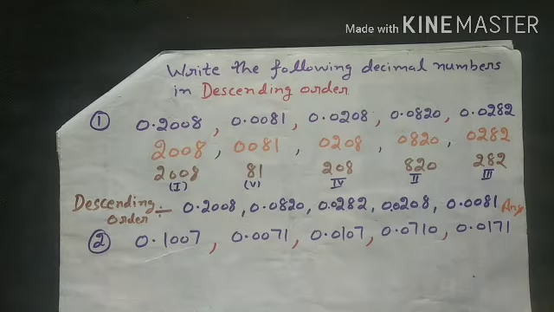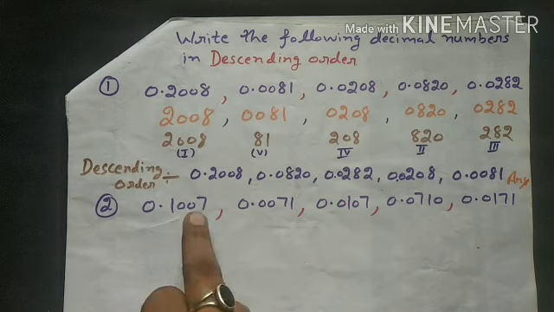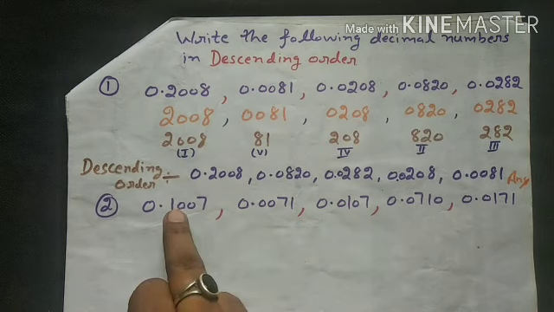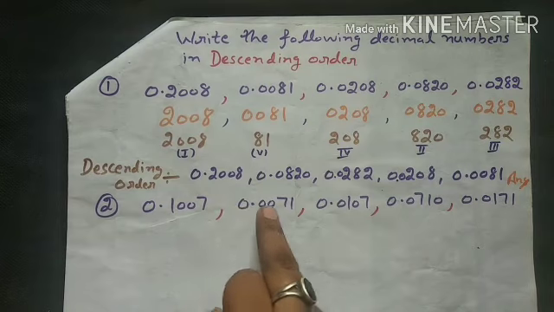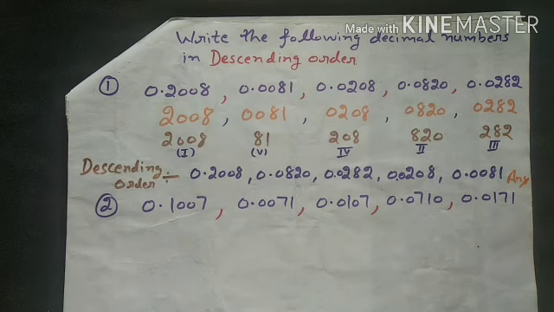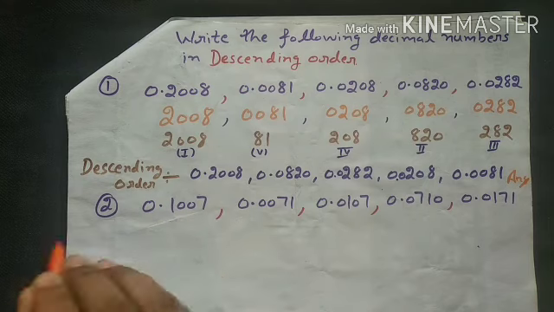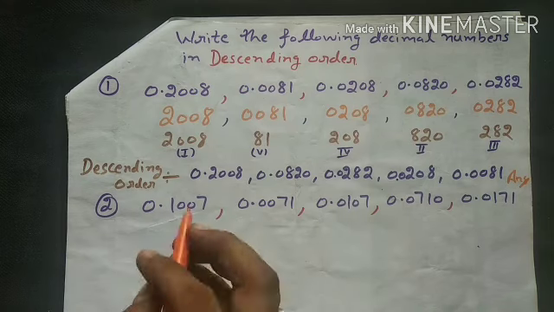Now we are on the second question. Here you see that all numbers are like decimals. 1, 2, 3, 4. 4 digits are there. There are 4 digits, 4 digits, and 4 digits. So firstly I will write them in the form where we can show them without the decimal.